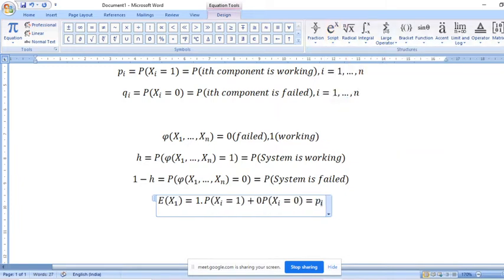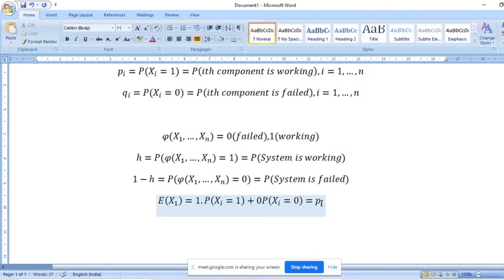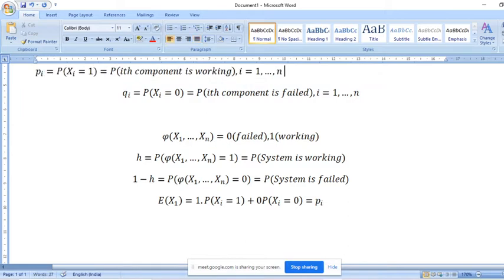So this is the expectation. But you know what pi is: pi is nothing but the probability that it is working. That means it is known as the reliability of the component.